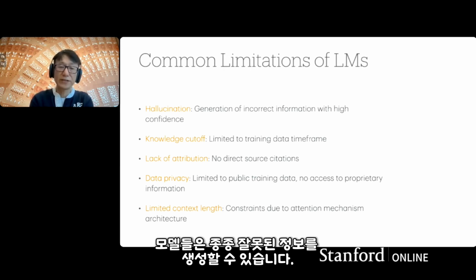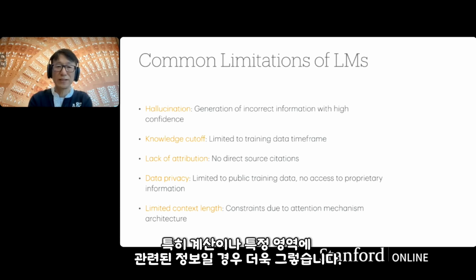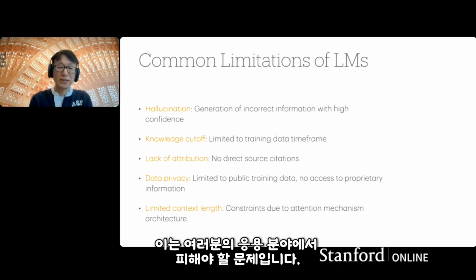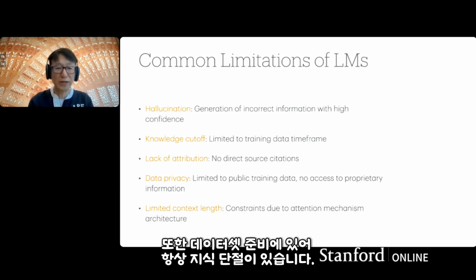Hallucination is a well-known issue, where models can sometimes or oftentimes generate incorrect information, particularly if it's related to some computation or some other specific area. This is also a problem that we want to avoid in your application domain.